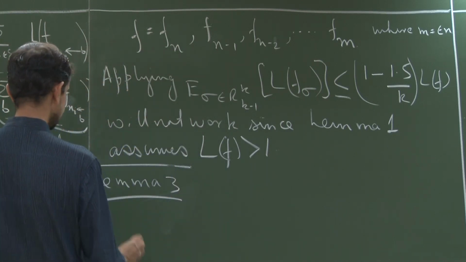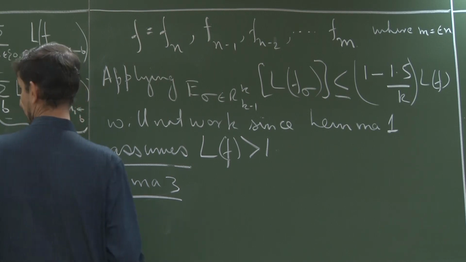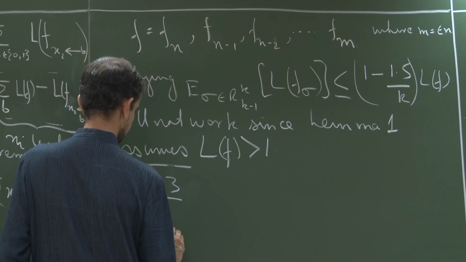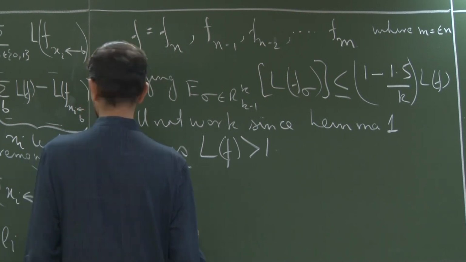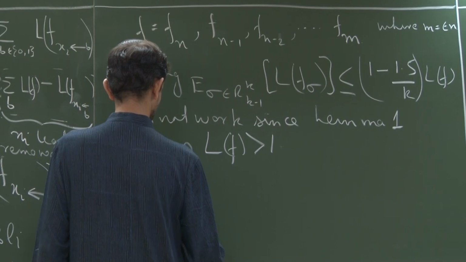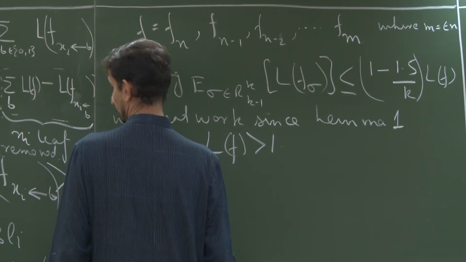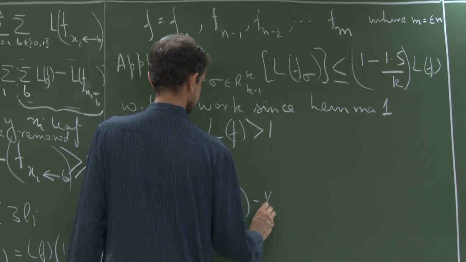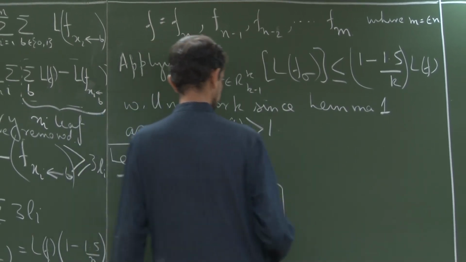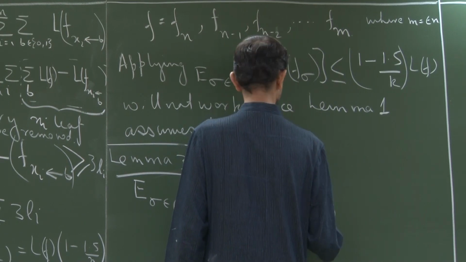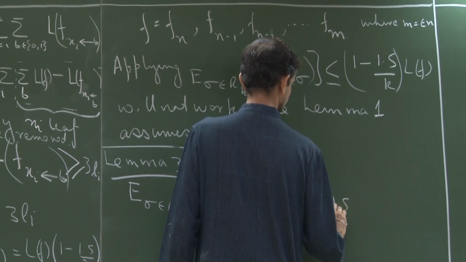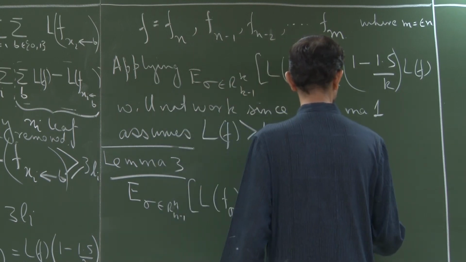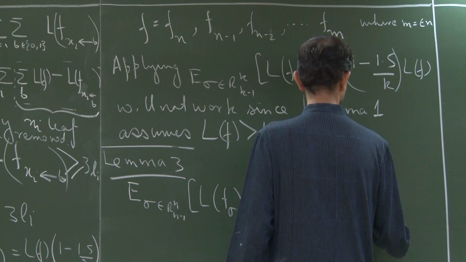What we will prove is that the expectation over sigma in R n to n minus 1 of L of f sigma minus 1/3 is at most 1 minus 1.5 by n times L of f minus 1/3.